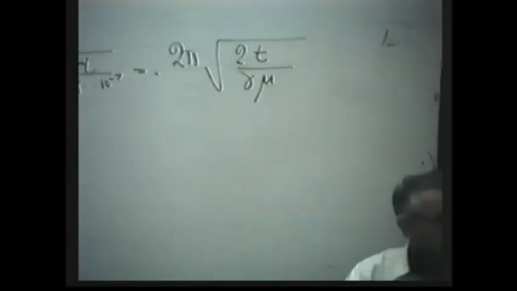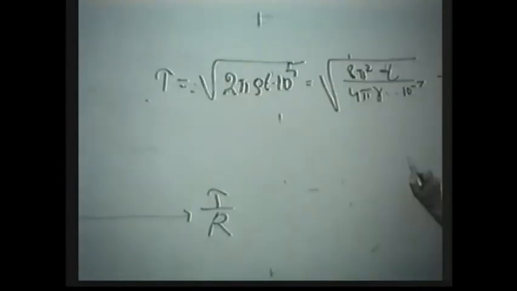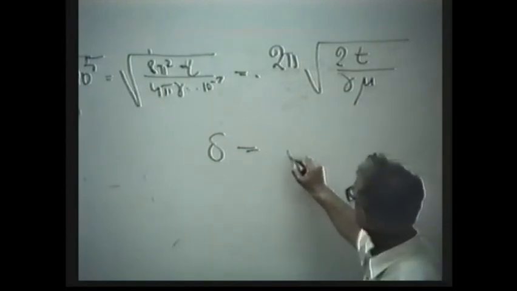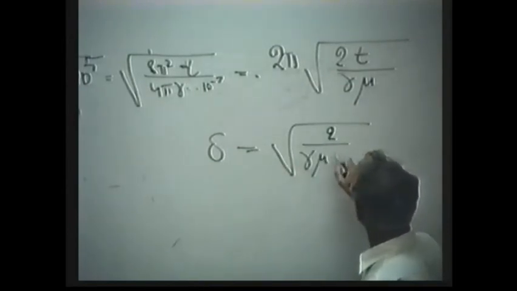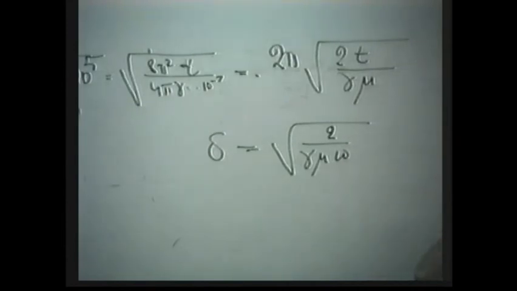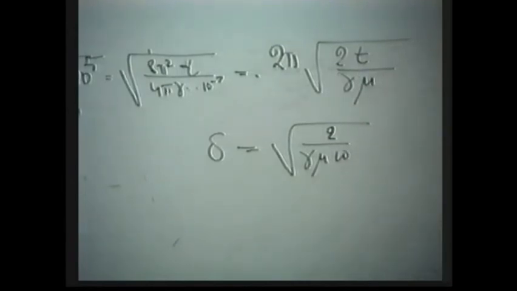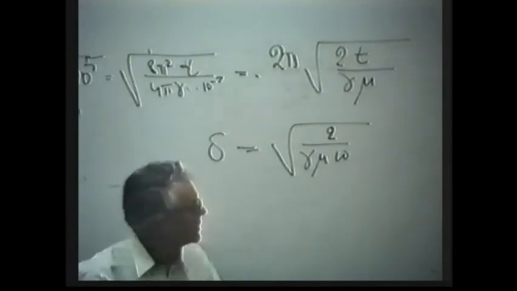Now let us look at the skin depth. What is the skin depth? 2 over gamma mu omega. So instead of omega, time, it's natural because we are dealing with time. Now, time is small, tau is small.